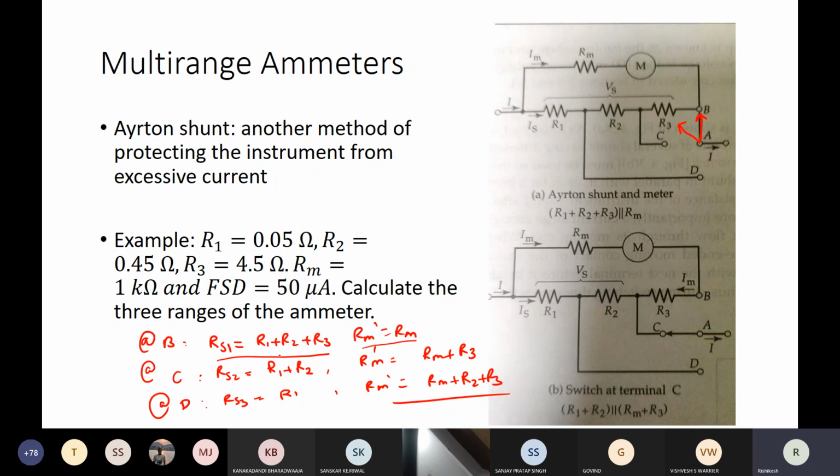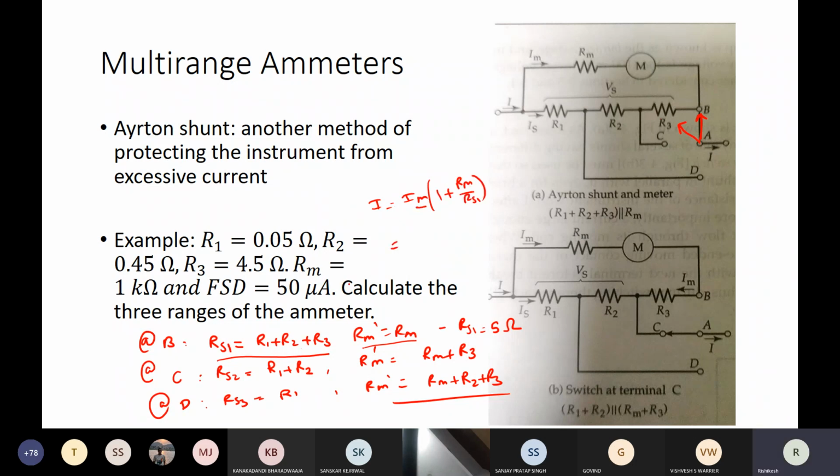So what is the value of R1 plus R2 plus R3? How much is that? It is 5 ohm, right? 5 ohm. So I is equal to Im into 1 plus Rm by Rs1.